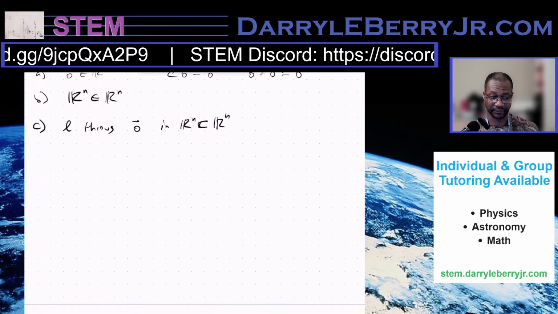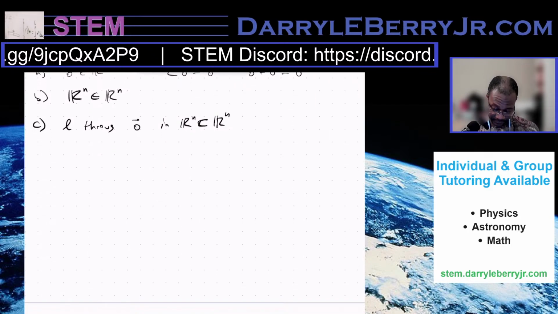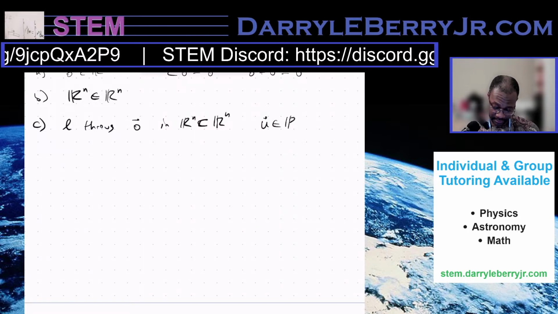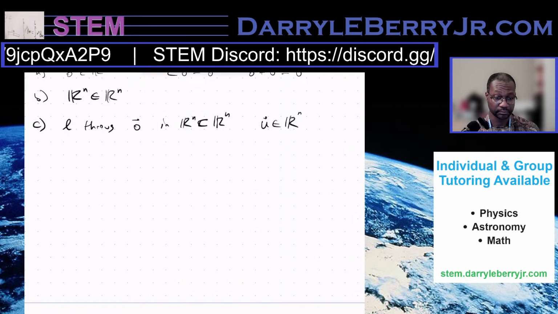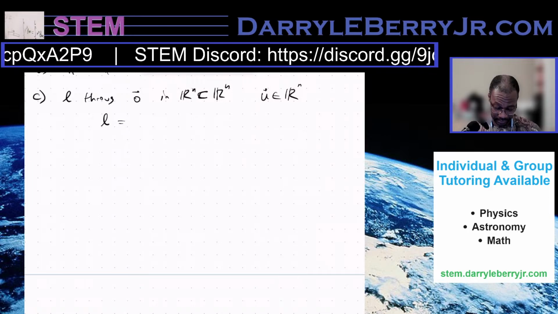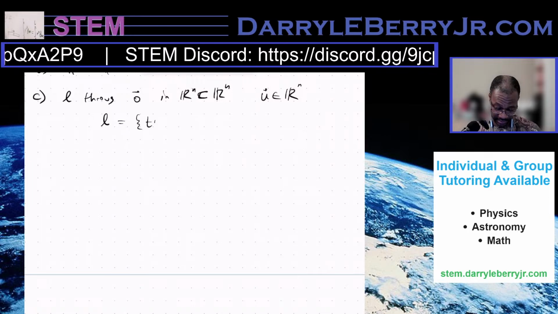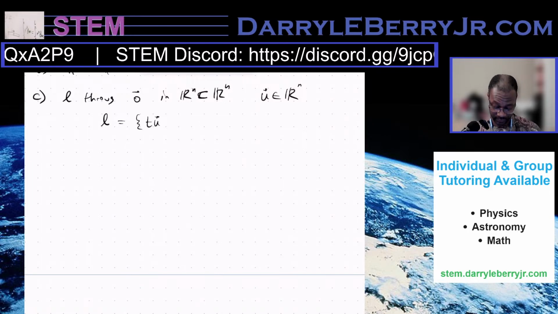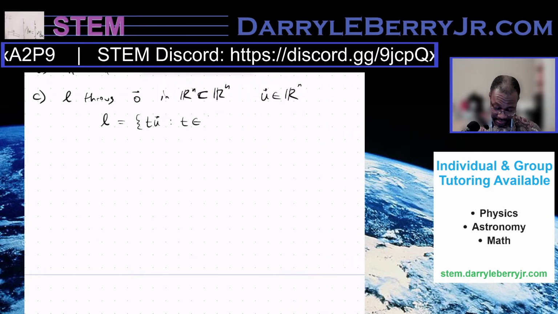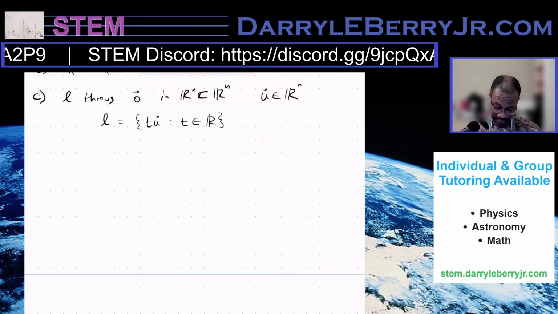If the direction vector of L is U, which is in Rn, this means that L equals TU, as long as T is a real number.